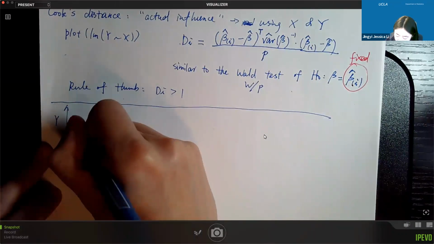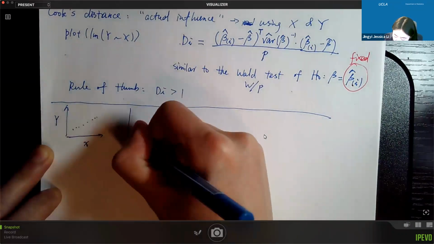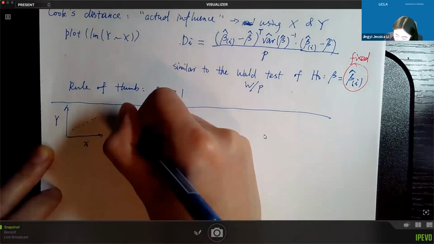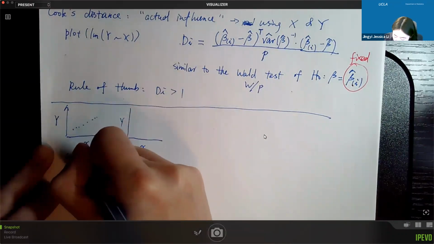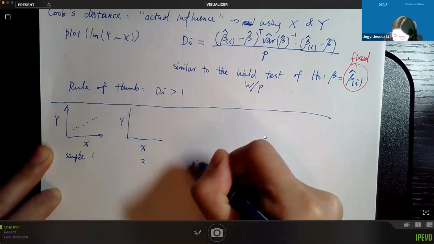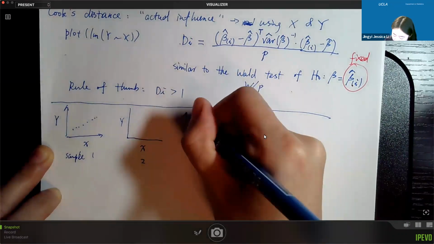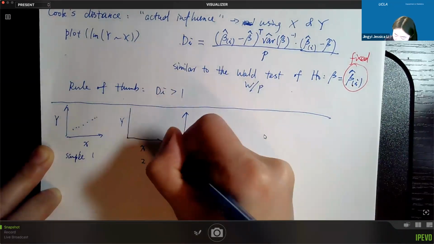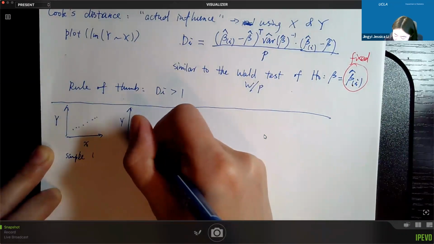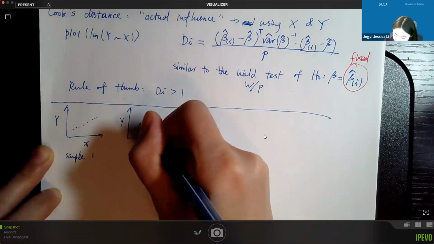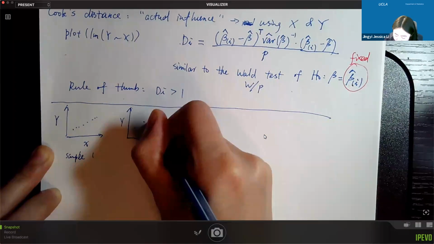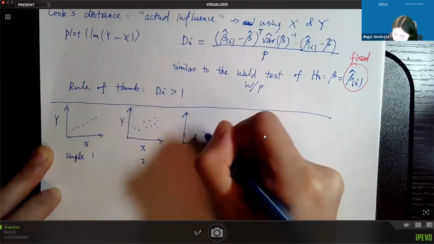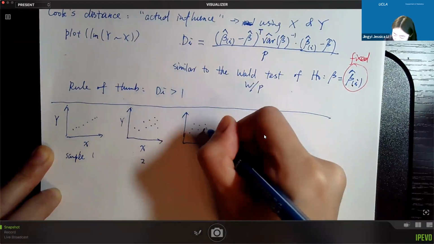So whenever I draw a different sample, if this is sample 1, sample 2, sample 3, and so on, the x's stay as they are, but the y's may vary, right? The residual, the error terms may vary. So that's what we have in the fixed design.